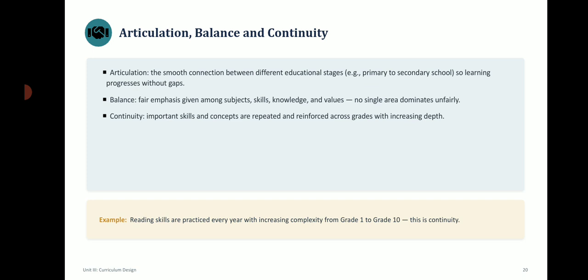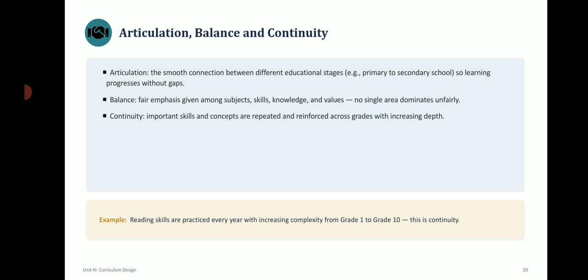Balance means fair emphasis is given among areas like skills, knowledge and values. No single area dominates unfairly. If you give importance to one area and not to others, that area dominates the other areas. That's why balance should be there.